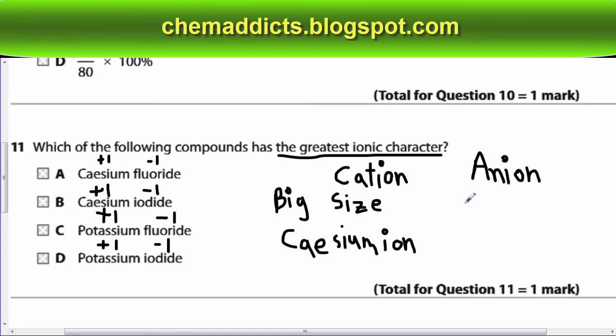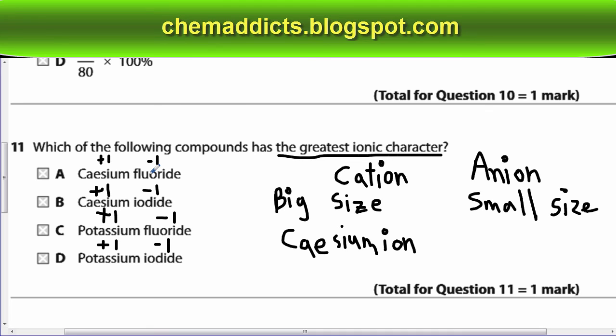Now we will look for small size in the case of anions. Fluoride is the smallest, since fluoride is at the top of the group 7 halide ions.